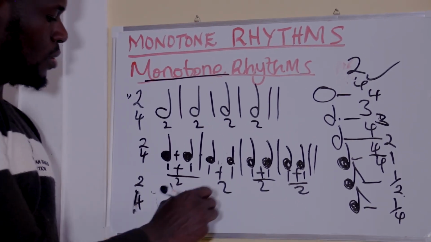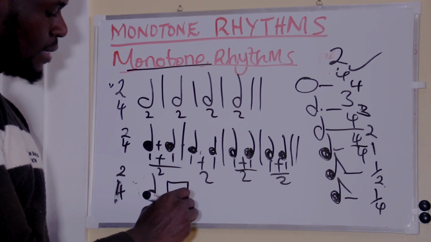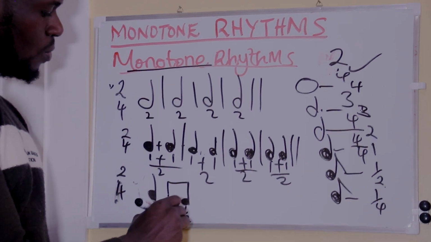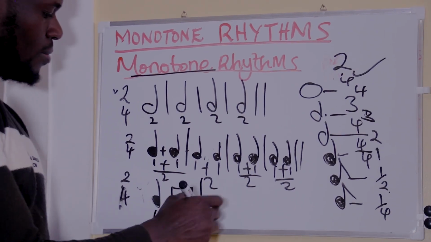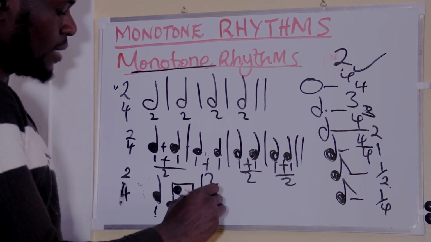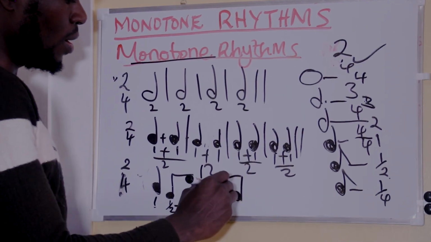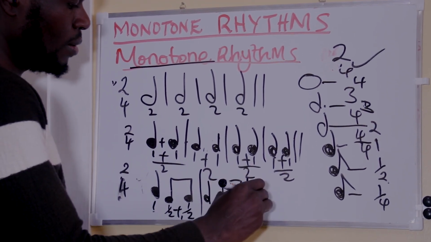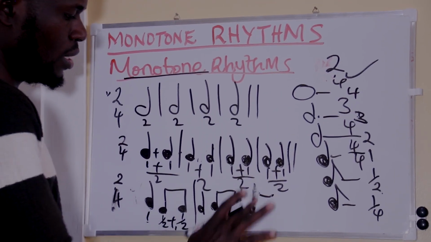This is beaming. So 1 plus a half plus a half, you get 1. 1 plus 1, 2. That one is balanced. Then we come to the next bar. We repeat the same because it is monotone.